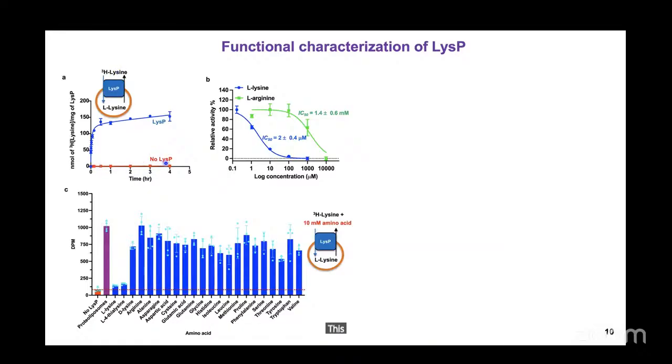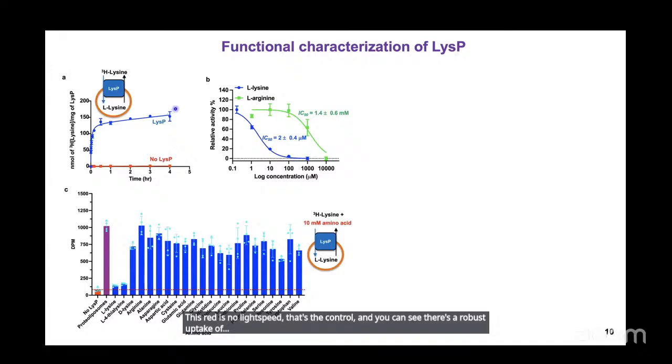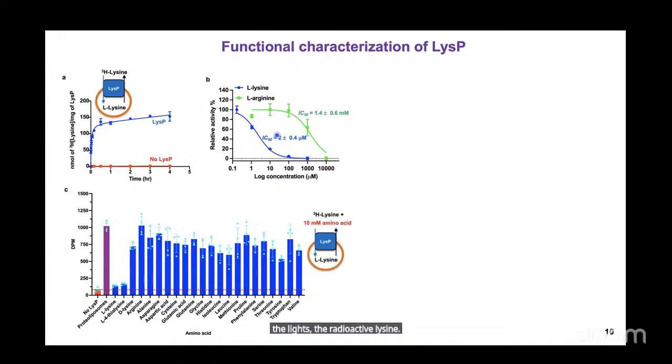This red is no LysP, that's the control, and you can see there's a robust uptake of the radioactive lysine. And also we did the IC50 of lysine and arginine. You can see it's very specific for lysine.